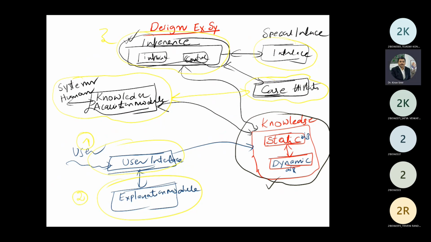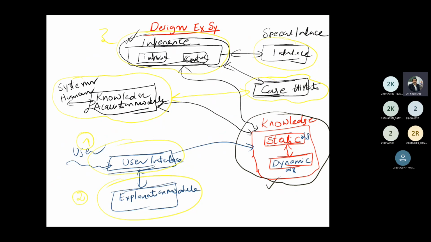So the knowledge database consists of facts, which is called a static database, and things which are not facts but may be valid with respect to time. We call it a dynamic database. And you also have a very important module called knowledge acquisition from humans or systems, which plays a vital role, and that will be the difference between two expert systems in terms of design.